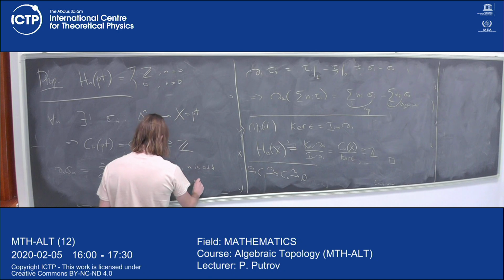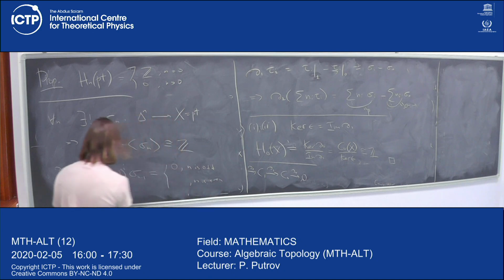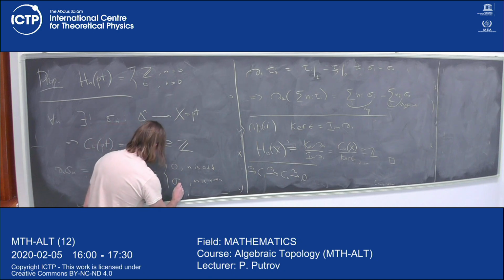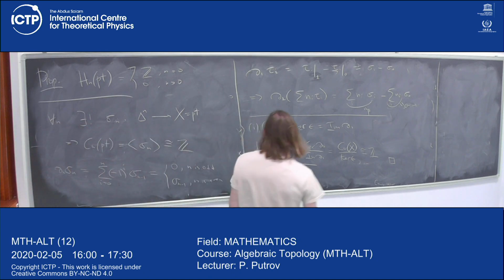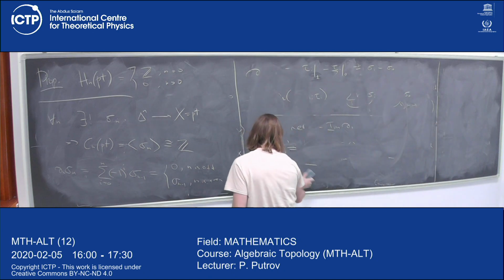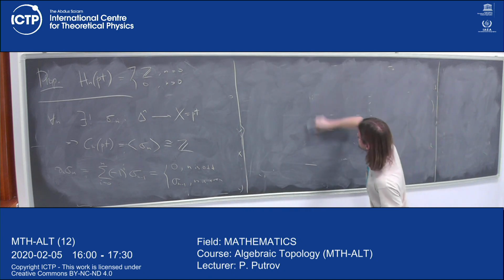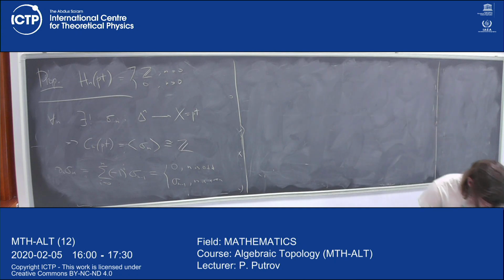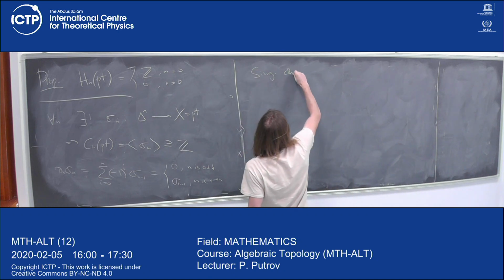And if n is even, everything cancels, but there's only one term left. So the singular chain complex looks as follows.